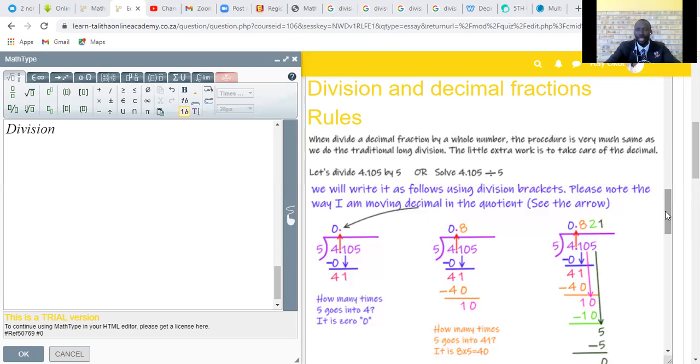Now, most of the time, you will have to divide a decimal fraction by another decimal fraction. In this case, we were dealing with a decimal fraction by a whole number.